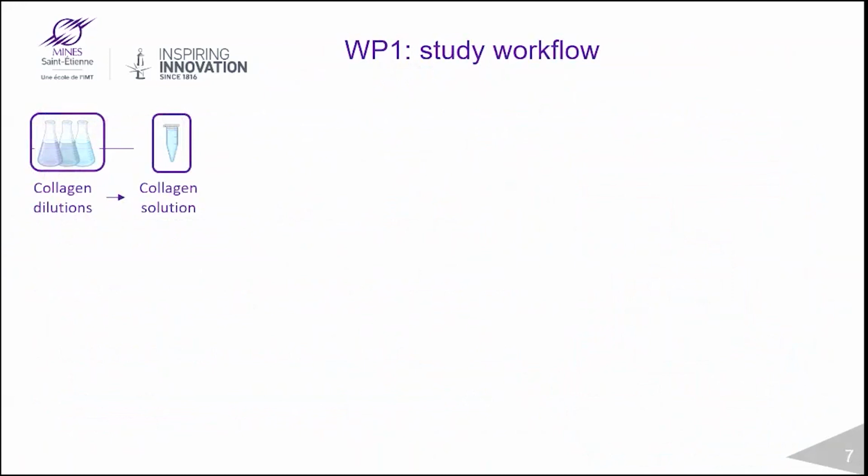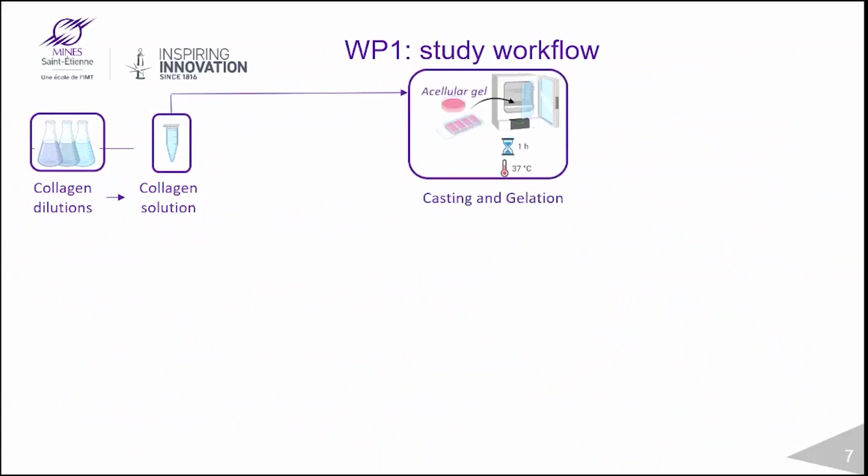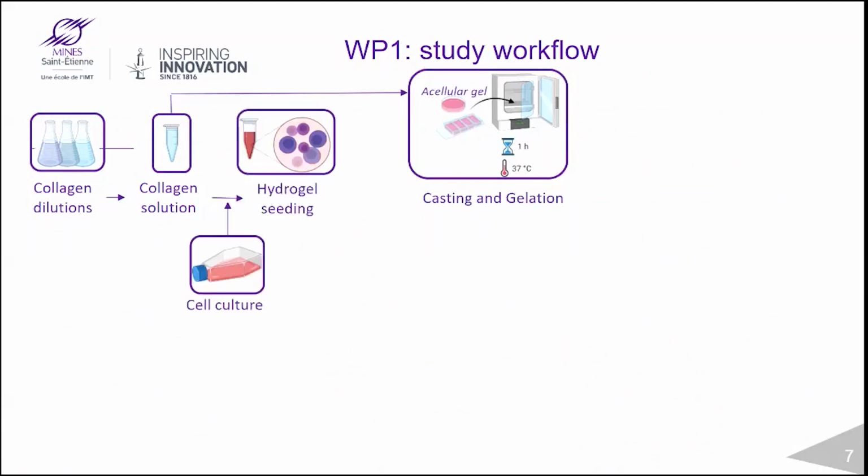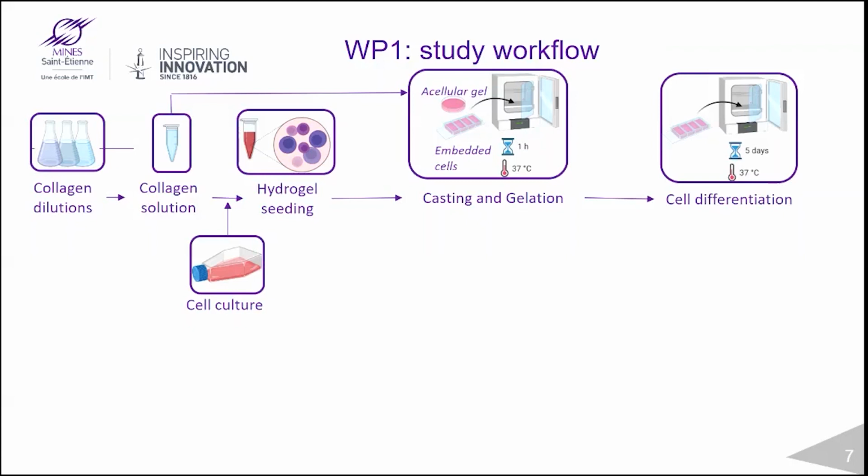Basically, we used a basic collagen hydrogel because we wanted something simple to start. We created different dilutions of collagen, and we added some controls, so acellular gels. Then, using cell culture, we could seed the hydrogel, so our population was homogeneously scattered into the matrix. And then we waited 5 days for cell differentiation.